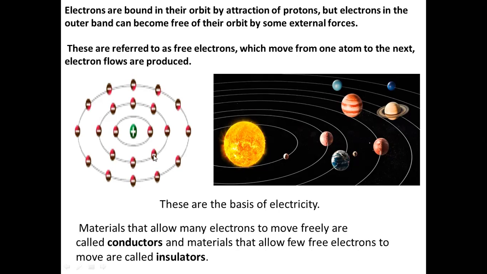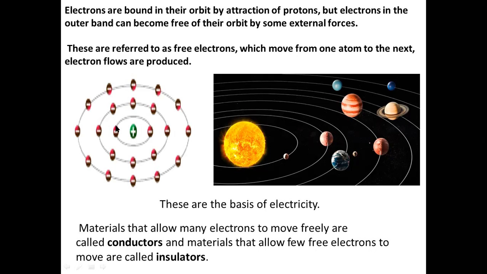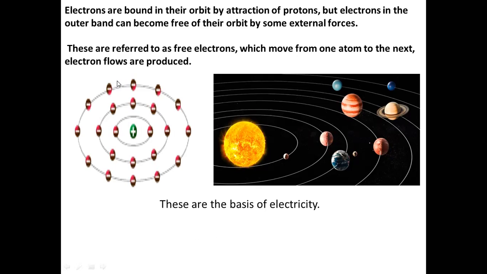Now, if an atom has more shells around the nucleus, more bands, then the outer bands are not so stable because the attractional force is lesser than the inner band. So these electrons are not stable. If we give a force, it can go out of this orbit.